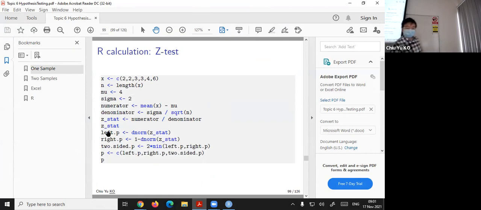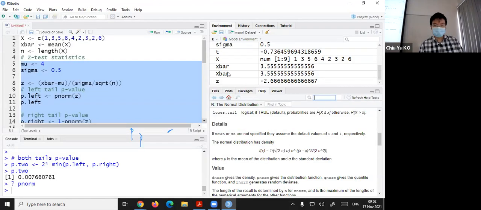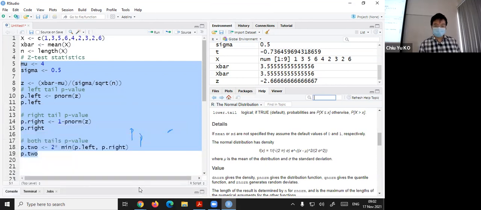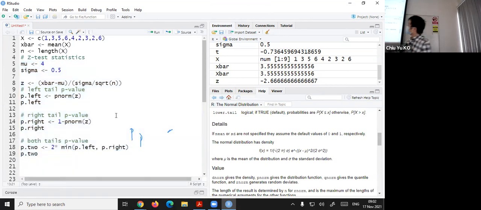So just make sure that you understand what I'm saying. This is the P norm. This is P norm here. That's why there's some difference between my answer and the answer. So just a reminder how we do it. The Z test is the same, but I use the P norm.